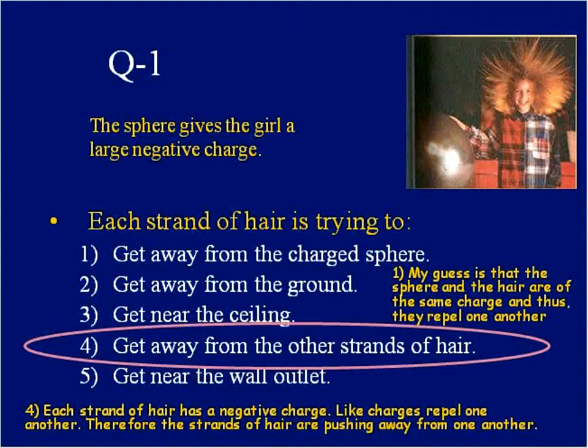Now, imagine some metal ball, and that ball has got negative charge. What does it mean? It means it has got more electrons, excess electrons. Now in that figure, that girl is touching that ball, and look at her hair.